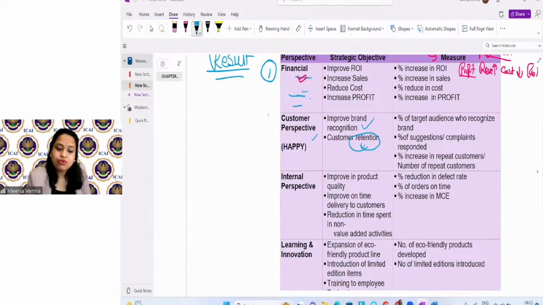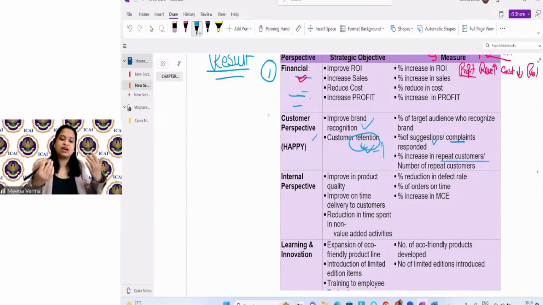Okay? How will you find that the customer retention has increased? When the complaints are reduced. है ना? When we take their suggestions seriously, when we take their complaints seriously and we improve on them, है ना? So customer retention increase means repeat customers increase.